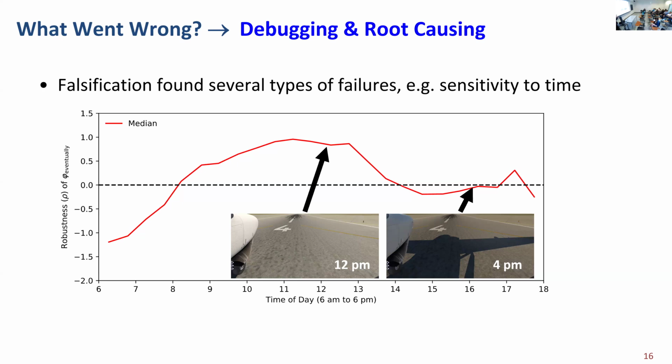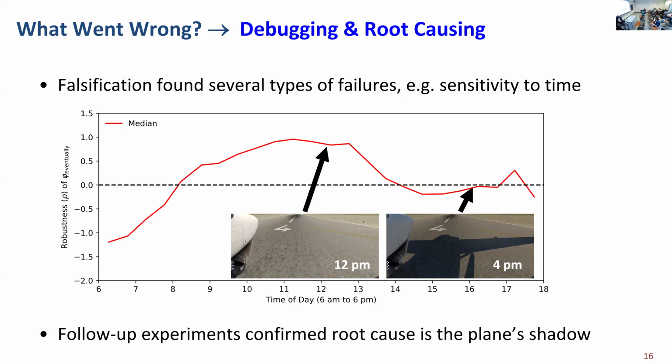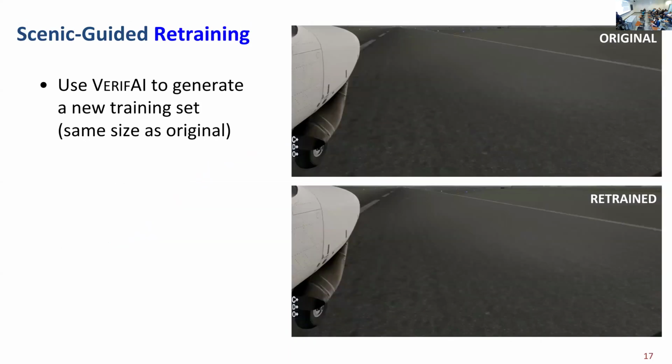In fact, if it was a very cloudy sky, the shadows wouldn't show up, and it would actually do well. So there was this kind of interesting connection between the different parameters in the Scenic program that were leading to failures. Anyway, so that's the root causing, and you can do that again using that representation. So Scenic provides that representation that allows you to do this sort of debugging of the perception component.